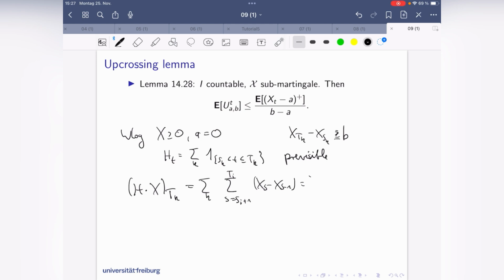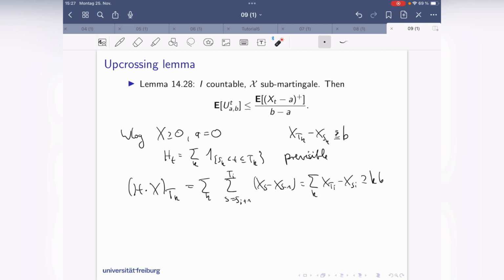Well, the increment here is between xti and xsi, which is at least k times b. So this is true by time tk. This integral is at least k times b. So that's on the one hand side.